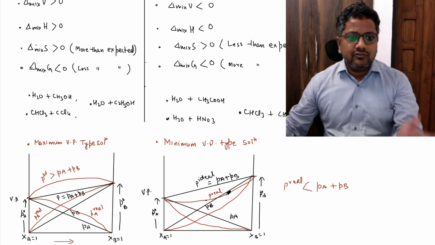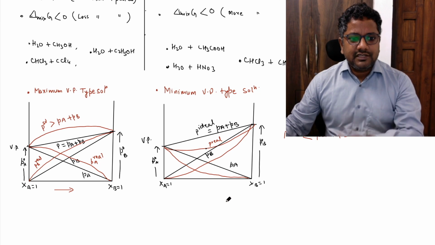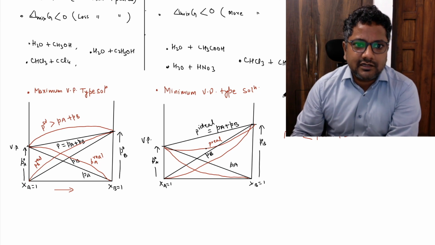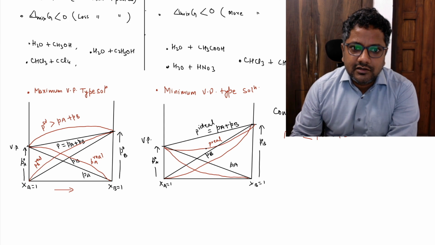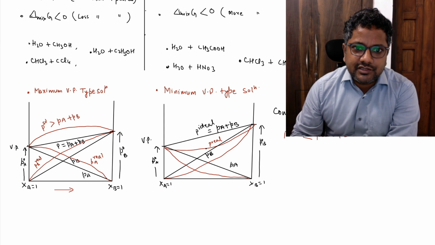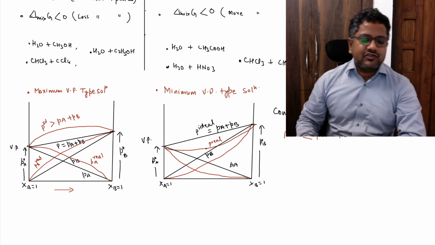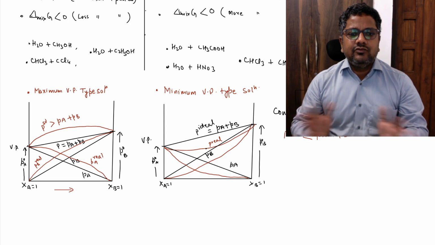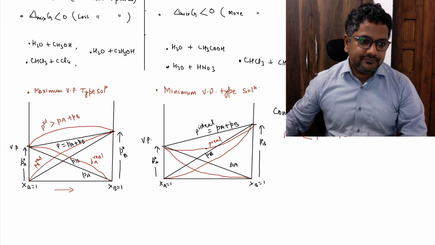Now see how to make the distillation, and here we have the concept of azeotropic mixture. You know, this graph is plotted at constant temperature, but this is not useful for the fractional distillation purpose, because usually we do the fractional distillation at constant pressure condition, right?